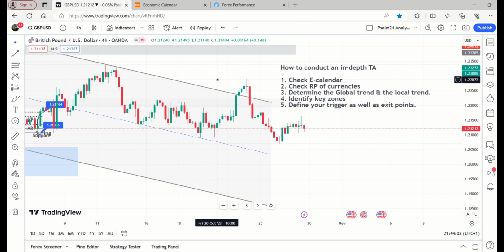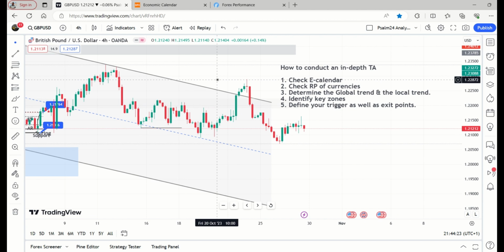Your traditional technical analysis may be right, but there are some high-impact economic events that may disrupt your technical analysis.